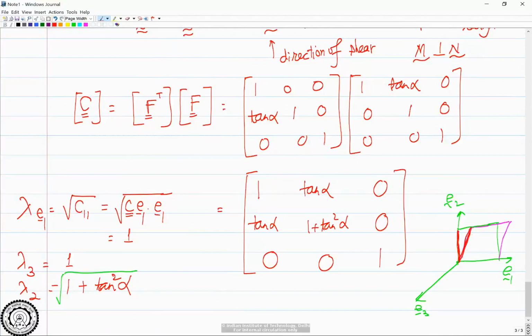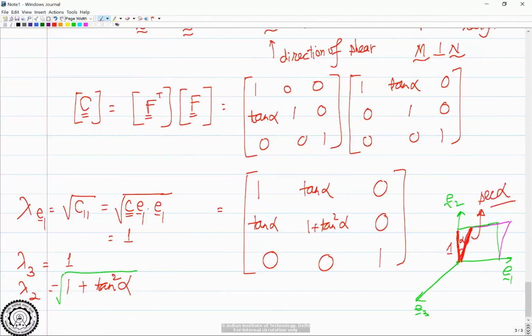So what is its length after deformation? This is the length. What is its value? Can you see? So if this is alpha, then this is sec alpha, isn't it? Assuming that this is 1, then this becomes sec alpha.